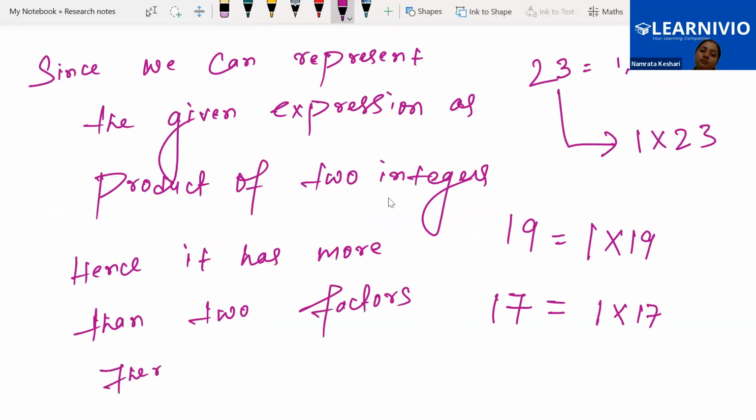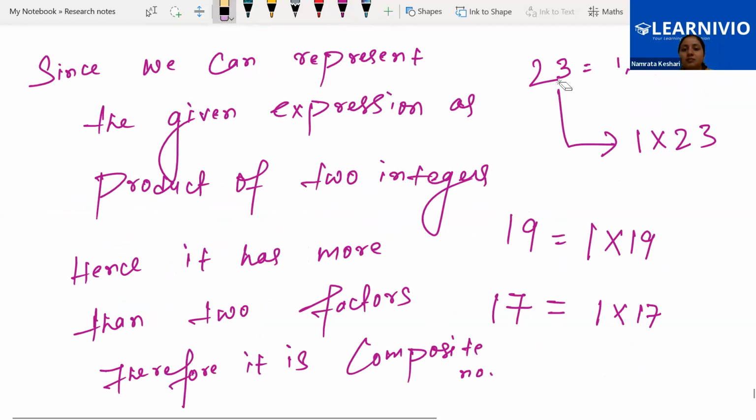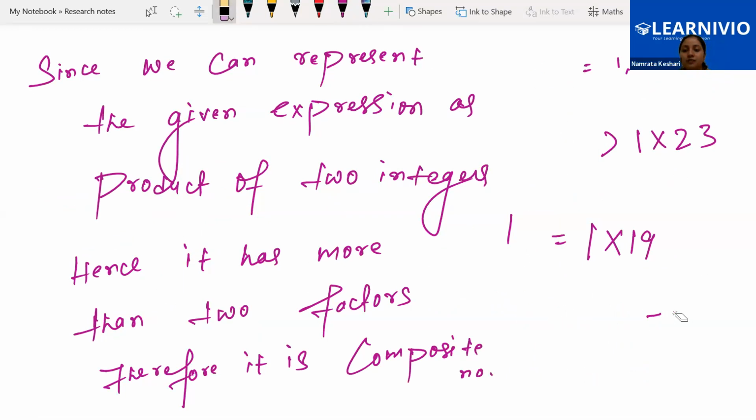Therefore, it is a composite number. Clear? Is it clear? Yes or no? Aisha, Alvina, Ifra, Abdul: yes, ma'am.